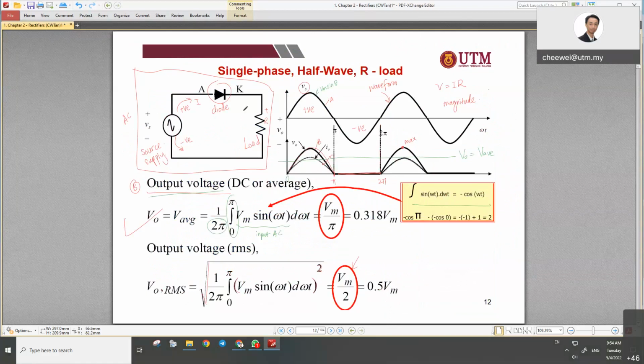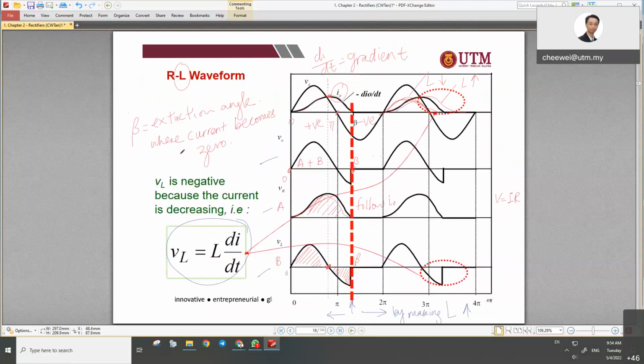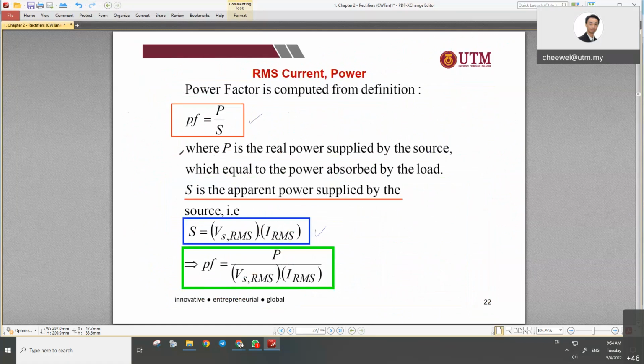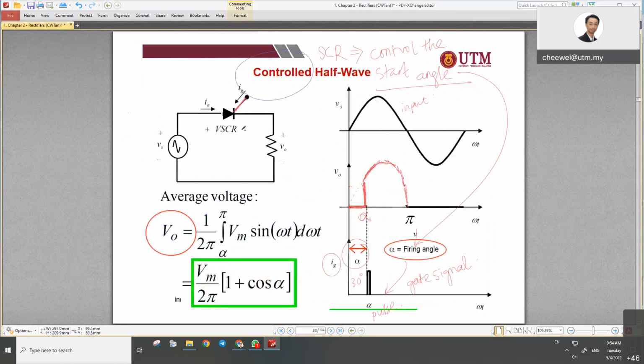You always start at 0 when you perform the circuit like this. But if I change it to SCR here, then I have the power to change the starting point. The starting point is the angle of firing.